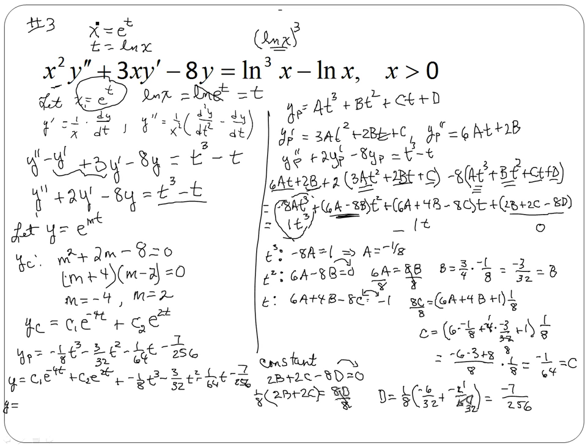If I raise both sides here to the negative 4th power, I'll get x to the negative 4th is e to the t raised to the negative 4th power. And that's the same as e to the negative 4t, which is what I have on my first term. So e to the negative 4t is the same as x to the negative 4th. On my second term, e to the 2t is the same as x squared.